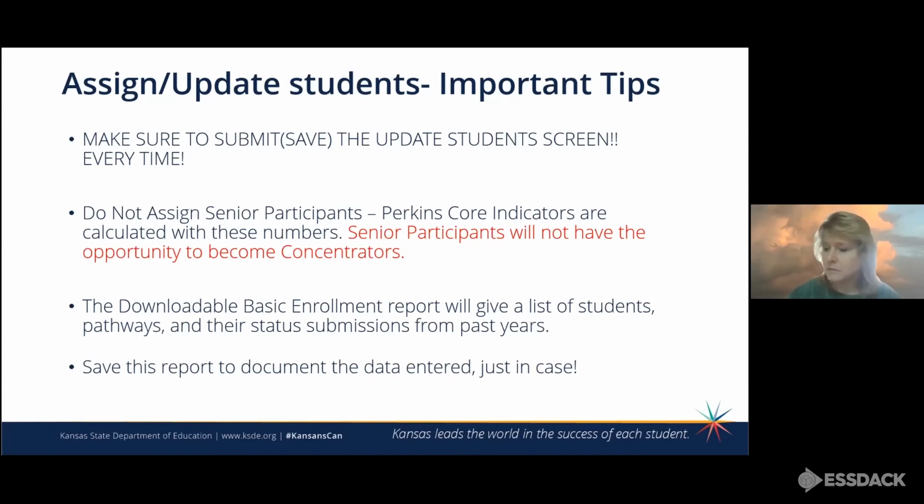The downloadable basic enrollment report is one that I have not mentioned. It is going to tell you the status of the students that were submitted in years past. It is a good document to take a look at when you need a place to start, like who was submitted last year and what was their status.